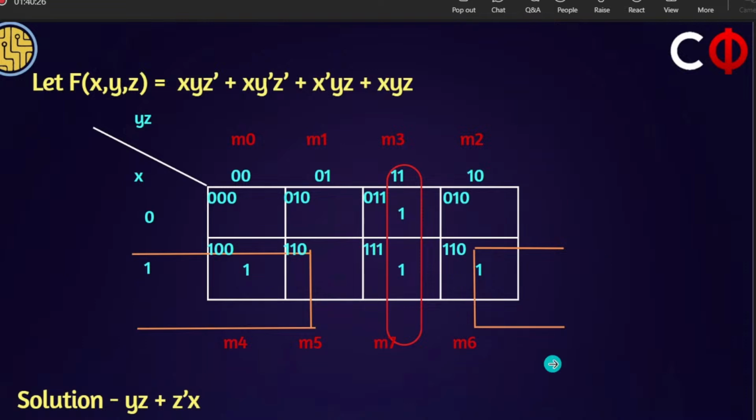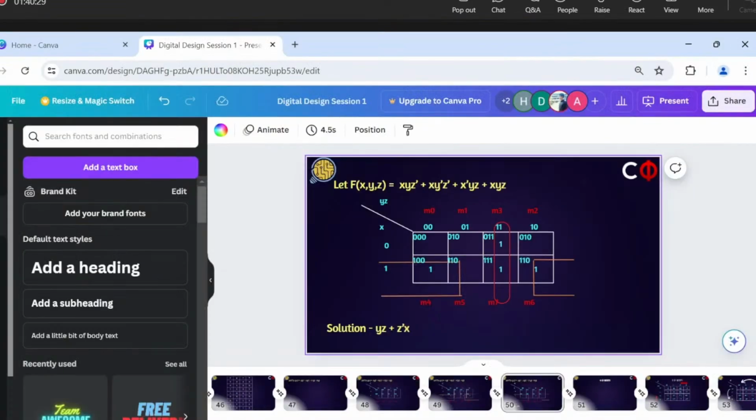Is this clear right now? Is this clear or do you have any doubts? You guys can put it in the Q&A. Do you guys want me to put one more example, like one person has asked? Yeah, XZ prime plus YZ, that's right, Arun. Do you guys want me to repeat? Do you want me to give one other example? Or is this fine?